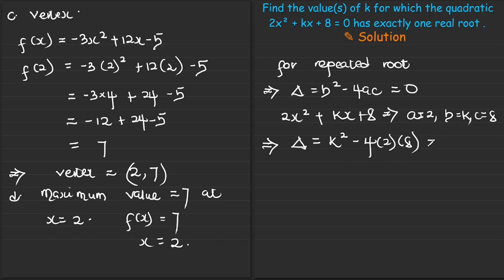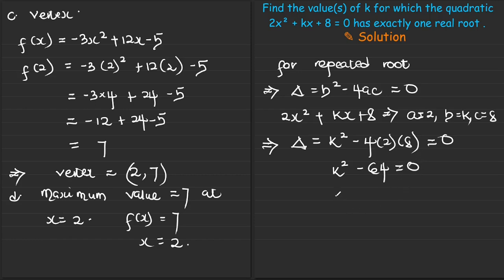And that should be equal to 0, because we are saying equal roots or repeated roots. So simplifying, we have k squared, then negative 2 times 2 gives us an 8, then 8 times 8 gives us 64. So minus 64 is equal to 0.